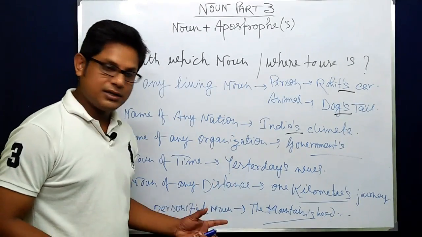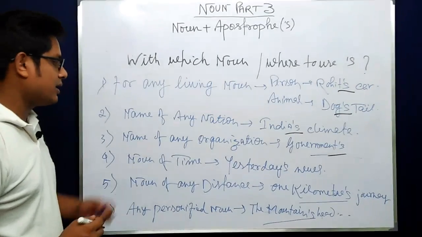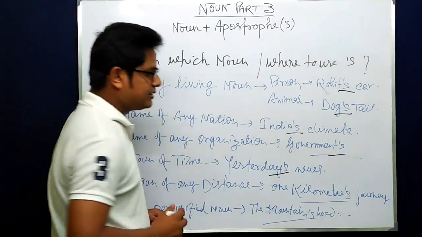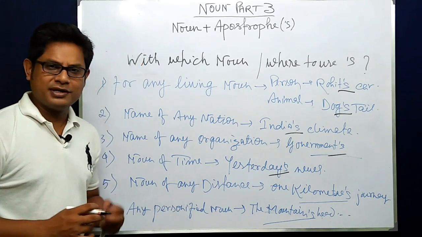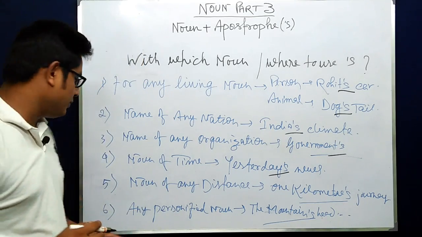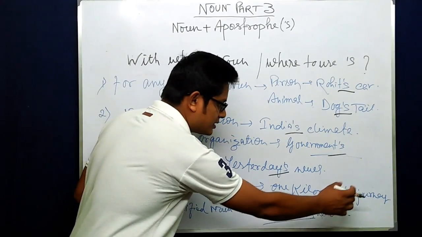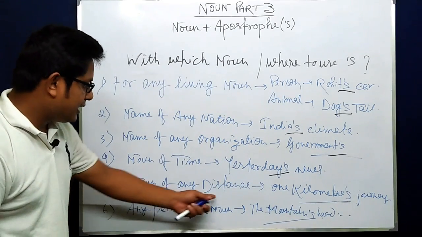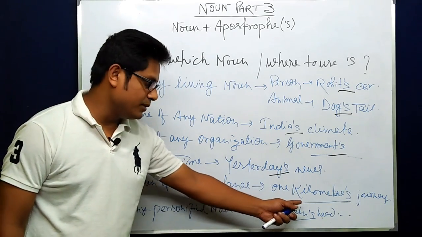Name of any organization, like governments. So it is also an organization. Name of any time, it could be yesterday's news, yesterday's, today's, whatever it could be, you can use apostrophe s with that particular noun. Number 5, name of any distance, one kilometer's journey. So kilometer is reflected as a distance, so you can use apostrophe s with that noun kilometer.